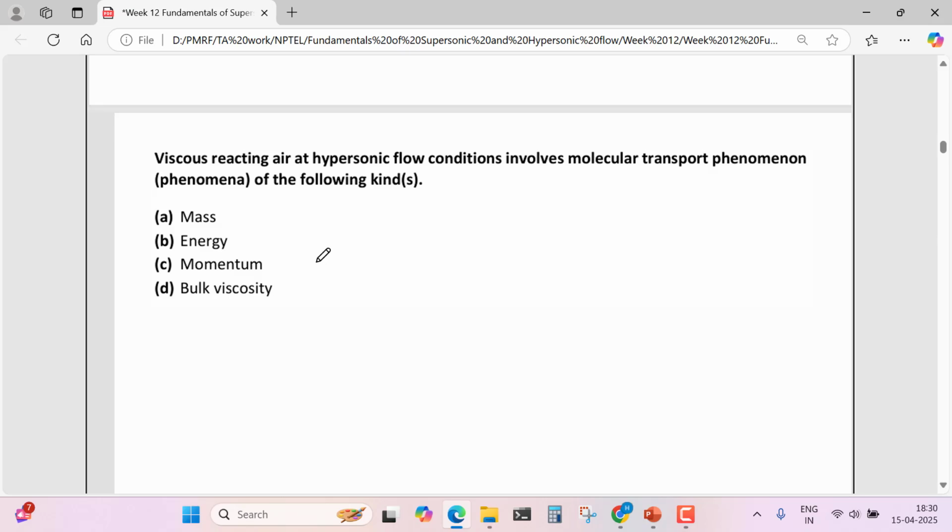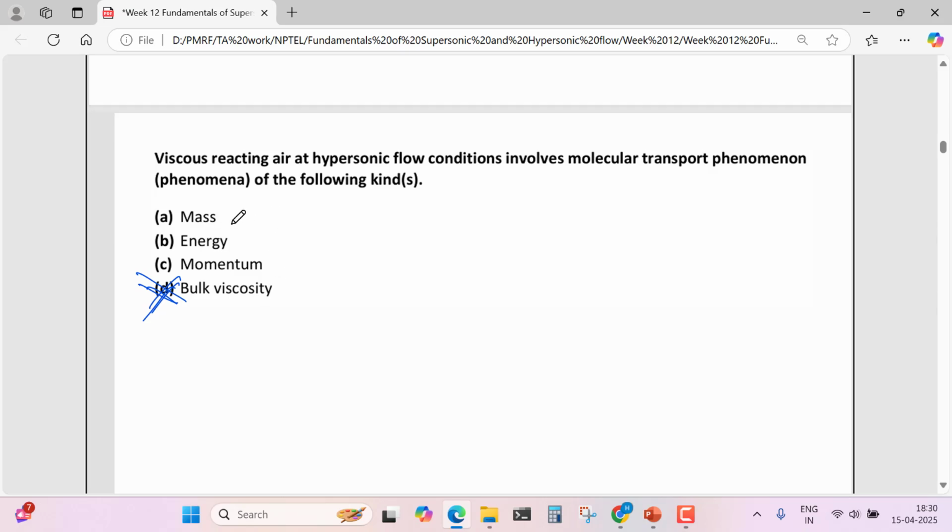What will be the answer for this problem? First thing to note is that bulk viscosity is not any transport phenomenon. So this option will be wrong.